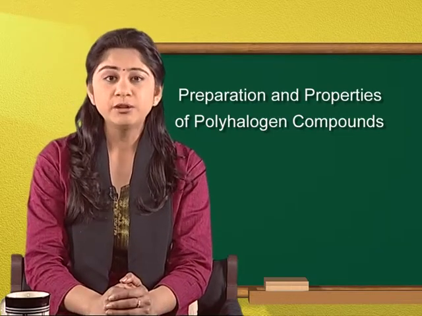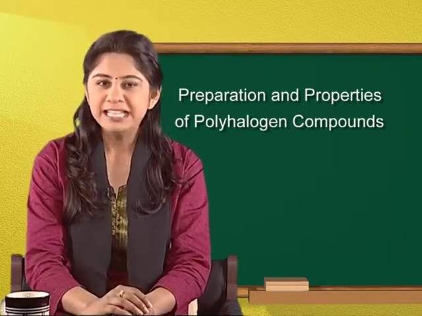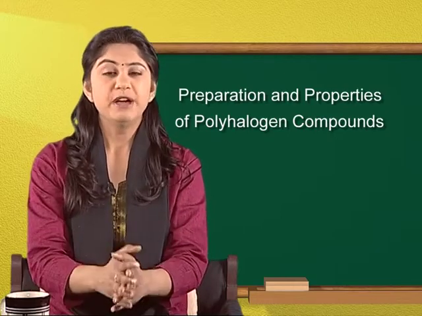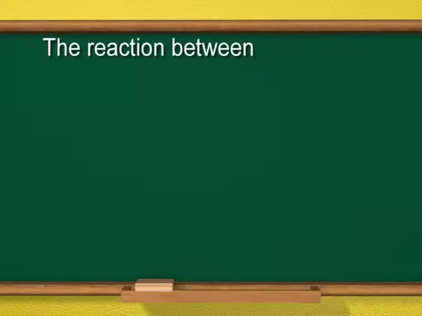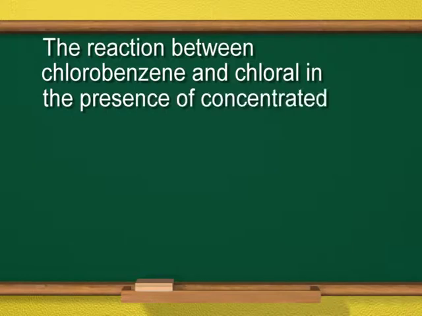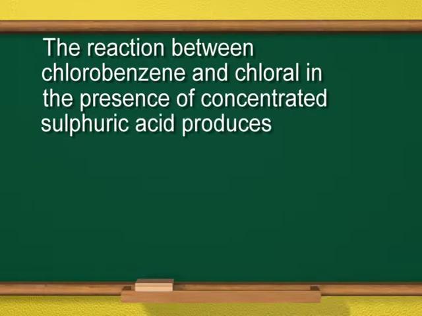Children, now that we have learnt so far, let me ask you few questions to check your understanding. My first question is, the reaction between chlorobenzene and chloral in the presence of concentrated sulfuric acid produces?